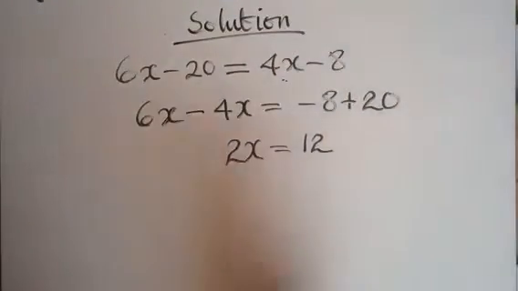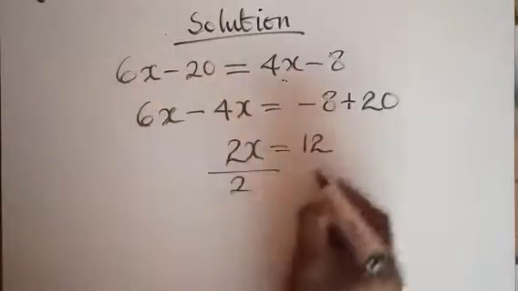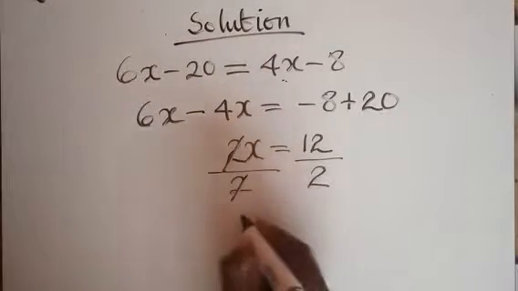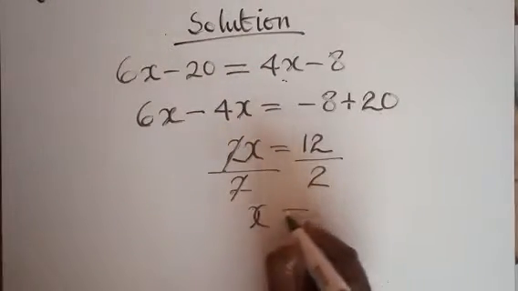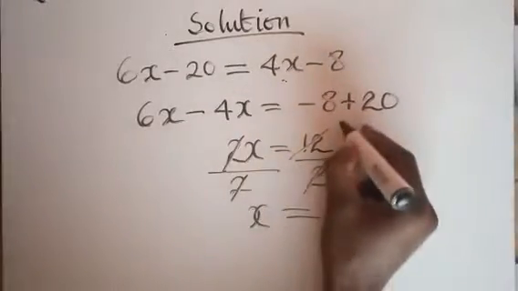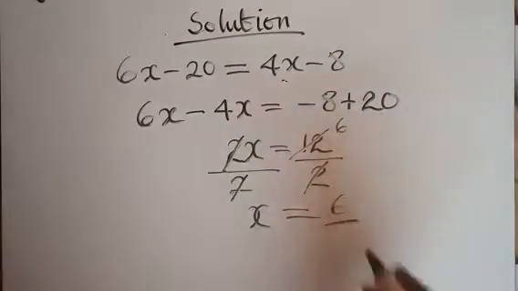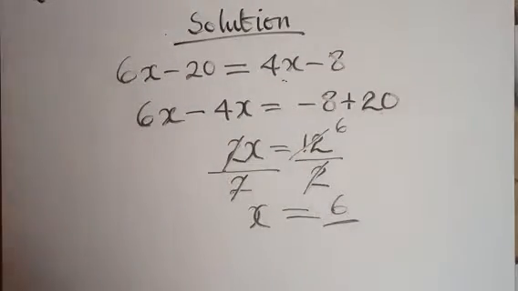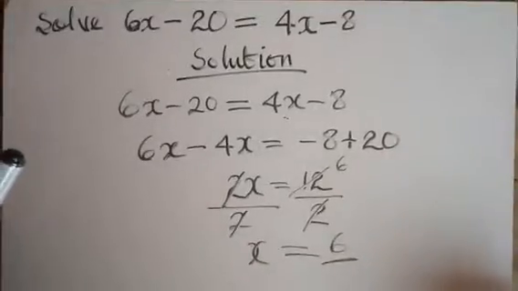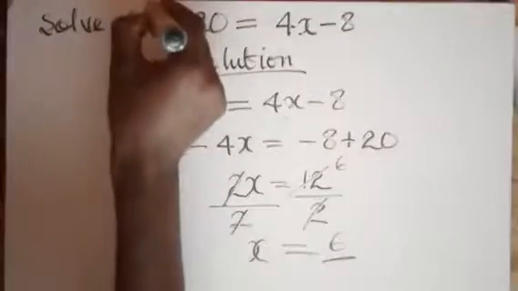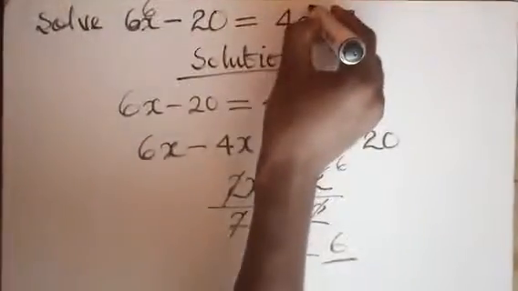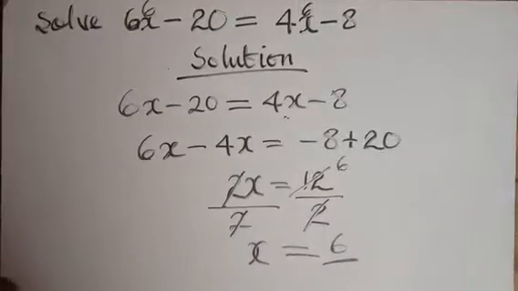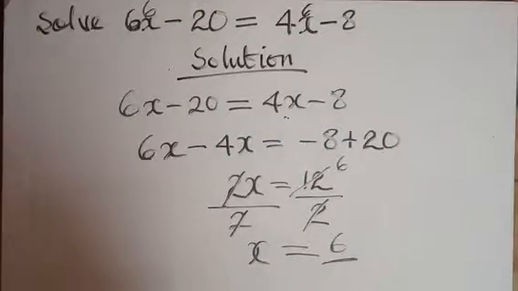So what you do is you divide through by 2. Now we have x equals, 2 goes into 12 six times. So x equals 6. Now, to check that what you have done is correct: if x is 6, 6 times 6 is 36. 36 minus 20 will give me 16.